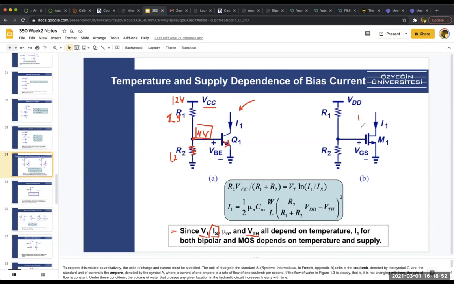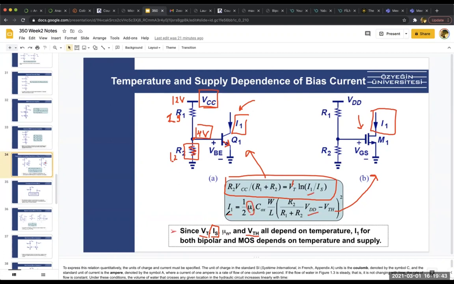So both for MOS and BJT, we want the circuits to be perfectly designed, so that the current source, this I1, won't change with all these voltage variations, thermal variations, process variations. Thermal variations basically means temperature variations. These equations are not good because, as you can see, changes will cause changes in I1.